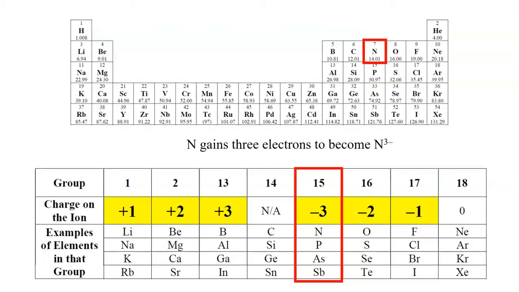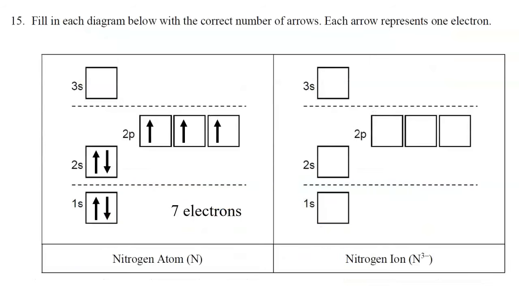Nitrogen would normally gain 3 electrons to become a stable ion with a charge of -3. So if I'm gaining 3 electrons, that means that my total number of electrons changes from 7 to 10. So all I'm going to do is take 3 more electrons and add them to the 2p sublevel. So that would be 8, 9, 10. So now I have a total of 10 electrons for the nitrogen ion, which has a charge of -3.